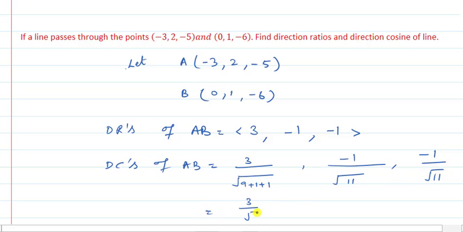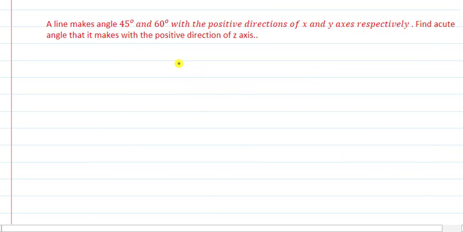So the direction cosines are simply 3 upon root 11, -1 upon root 11 and -1 upon root 11. So this is the way when a line passes through 2 points and the points are given; easily you can find the direction ratios and direction cosines.